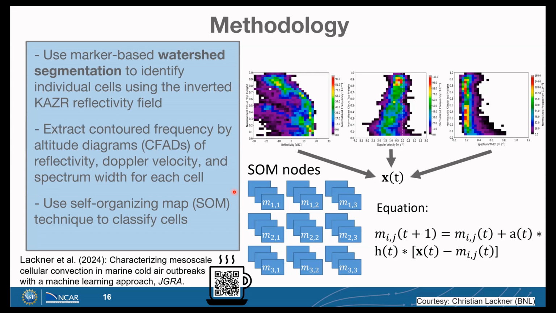Three of them combined count as one input vector, and you have your many dozens of cells. The SOM, the self-organizing map, does its best to put these into regimes and classify them into their more unique structures based on the input vector. And again, this is the QR code if you're interested in looking at this in more detail.